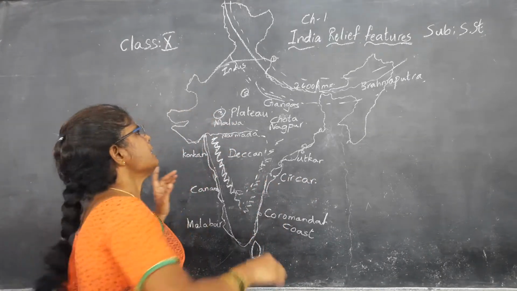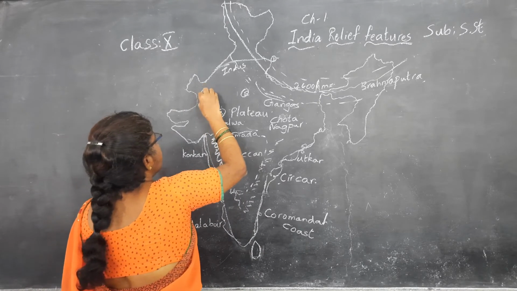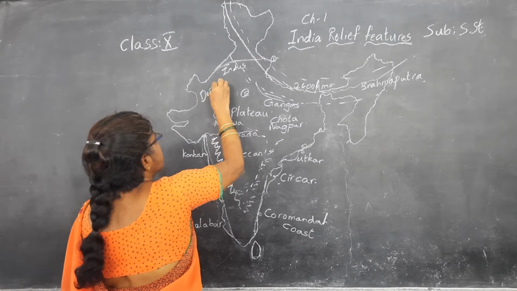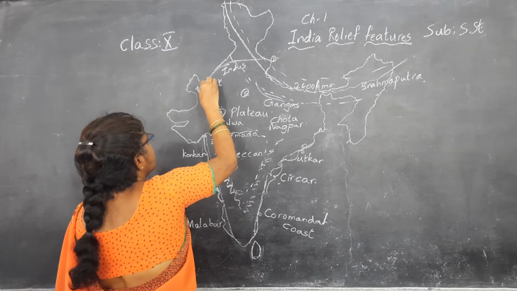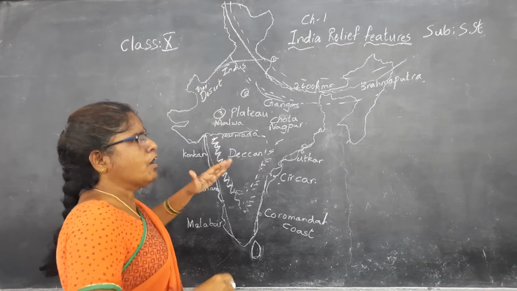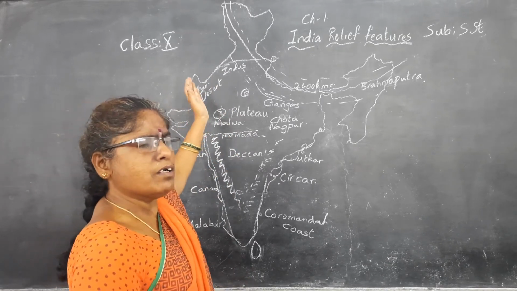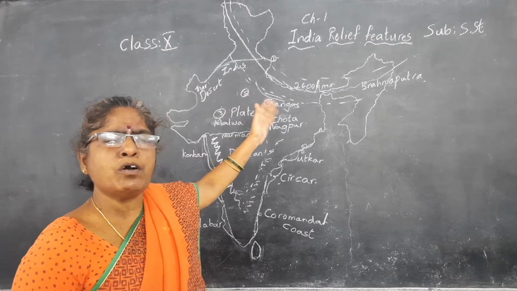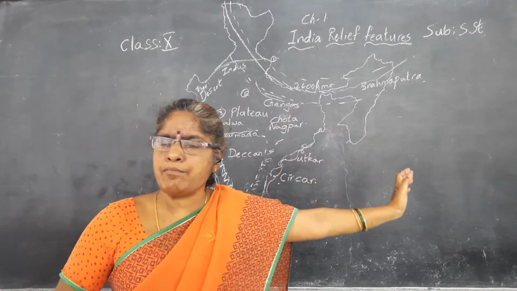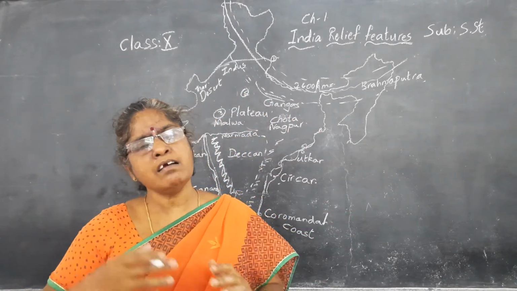Here, the fifth one is the Thar Desert. In our country we have a desert, that is the Thar Desert. Particularly, a major portion of northwestern Rajasthan comes under the desert area.